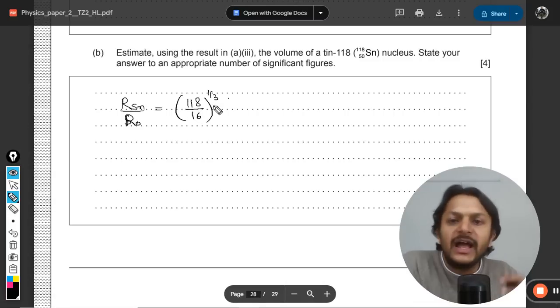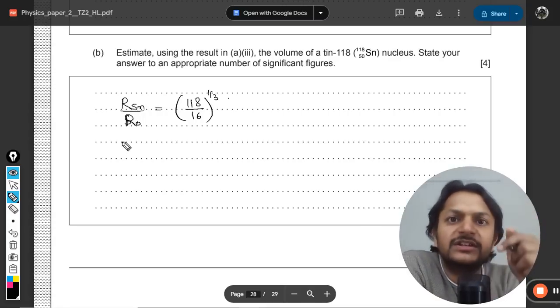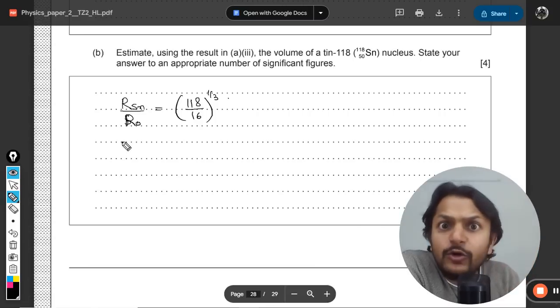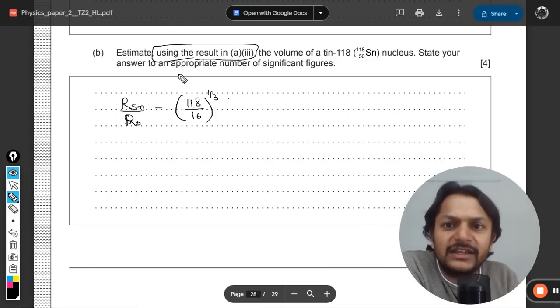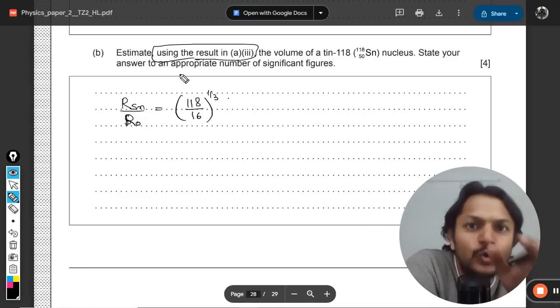And according to the question, I took the radius of the oxygen atom as 2 Fermi meter, but we don't know whether it is actually 2 Fermi meter or not, isn't it? It is given in the question, and they say that using the result in A3, so we just assume that the radius of the oxygen nuclei is 2 Fermi meter.